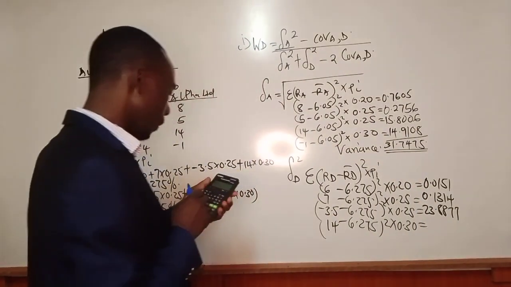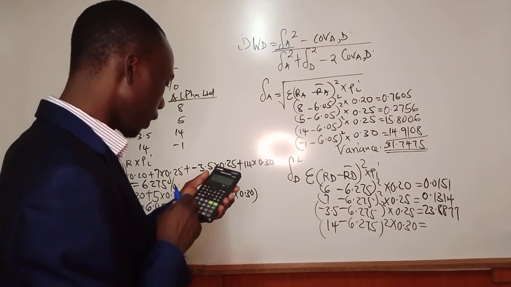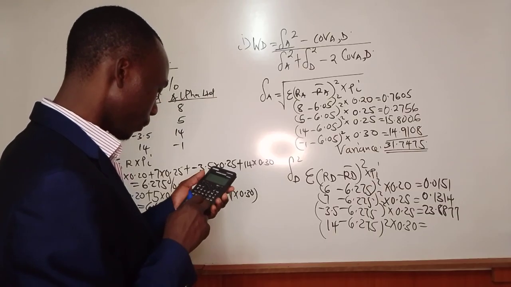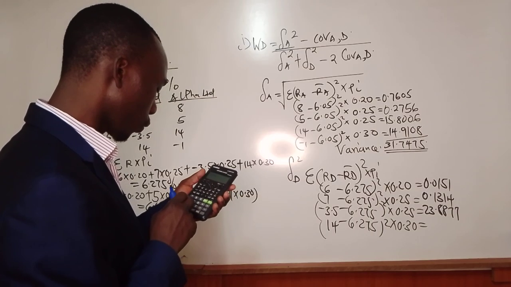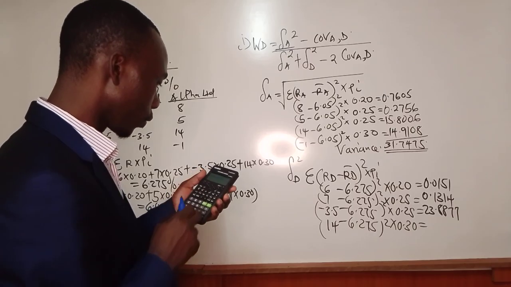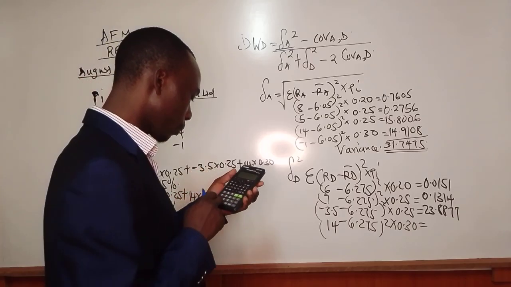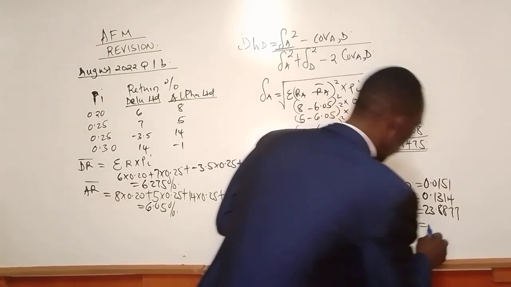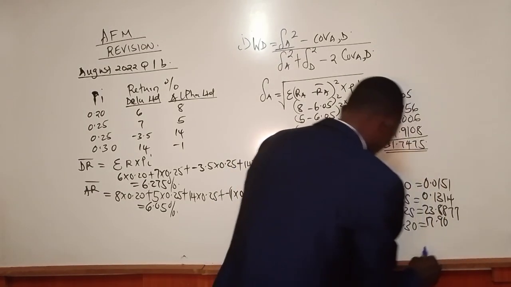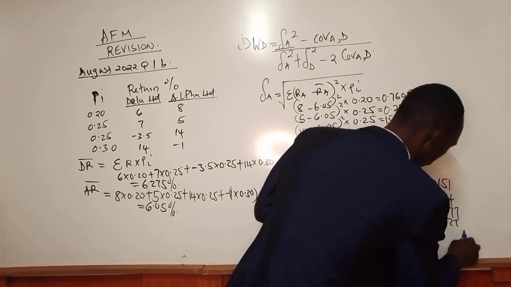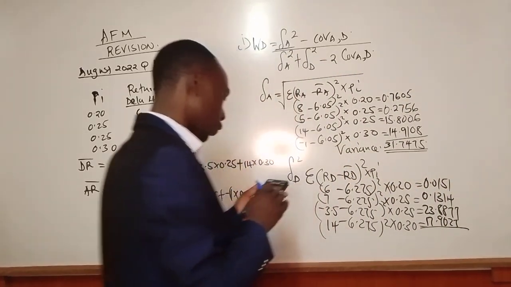Then next one is 14 minus 6.275, you square times 0.3. So here is 17.9027.